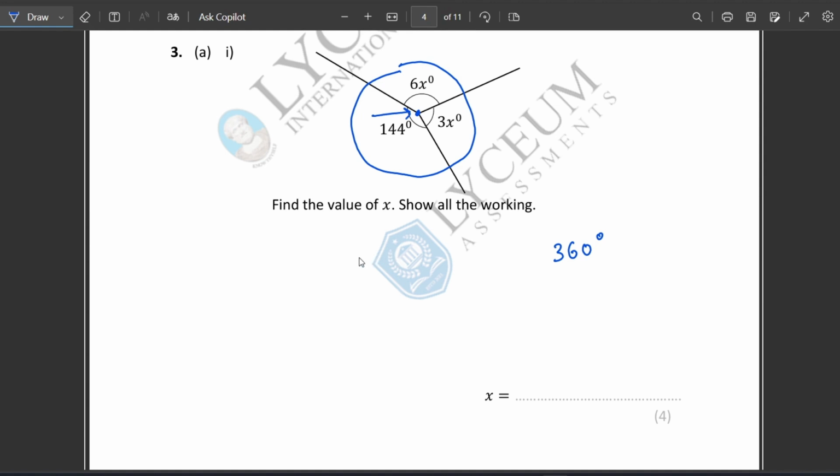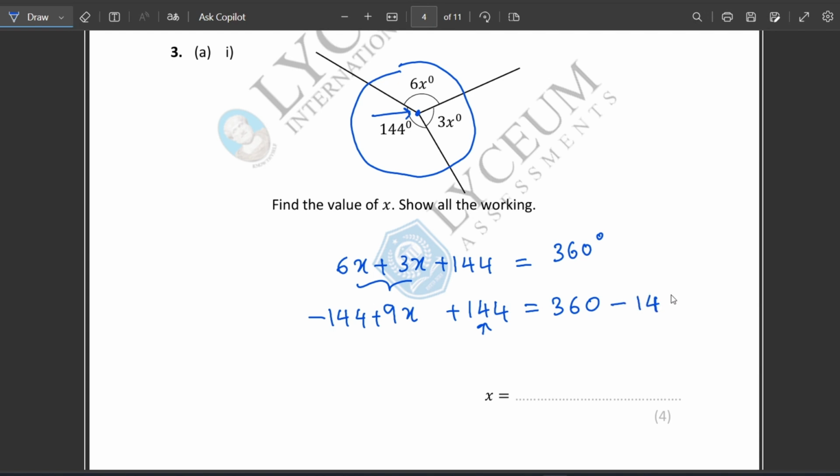So we can write 6x plus 3x plus 144 equals 360. So these two we can write as 9x plus 144 equals 360. So to get rid of this 144, we can put minus 144 to both sides. So these two cancel out.